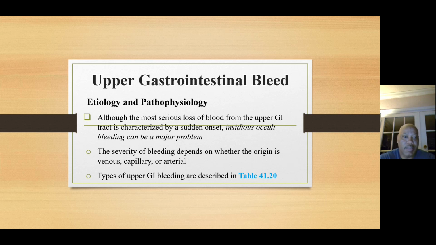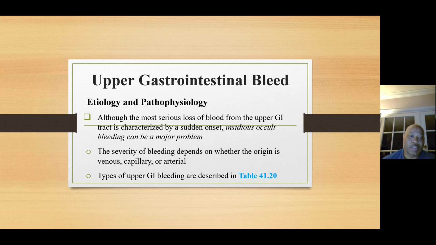Now, this stress-related mucosal disease most often occurs in those patients who are critically ill, who may have sustained severe burns, trauma, as well as major surgery. All right. Patients with coagulopathy, liver disease, or organ failure, and those receiving renal replacement therapy are at highest risk for this type of condition as well.